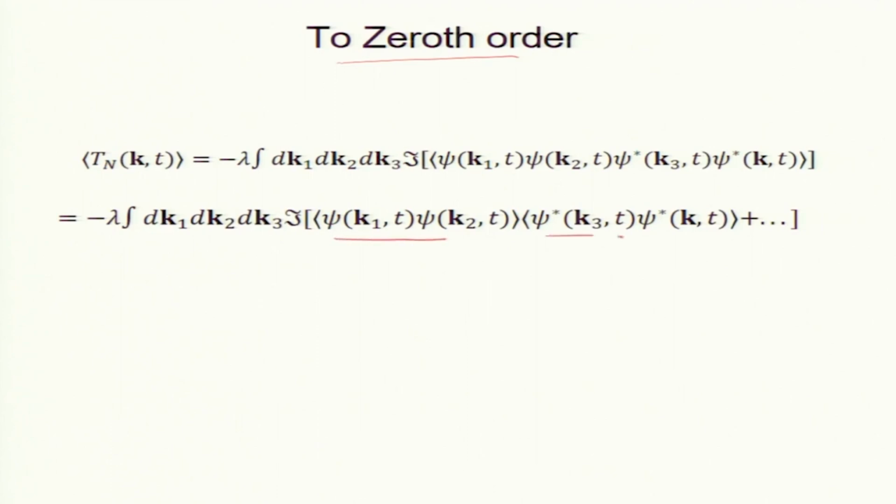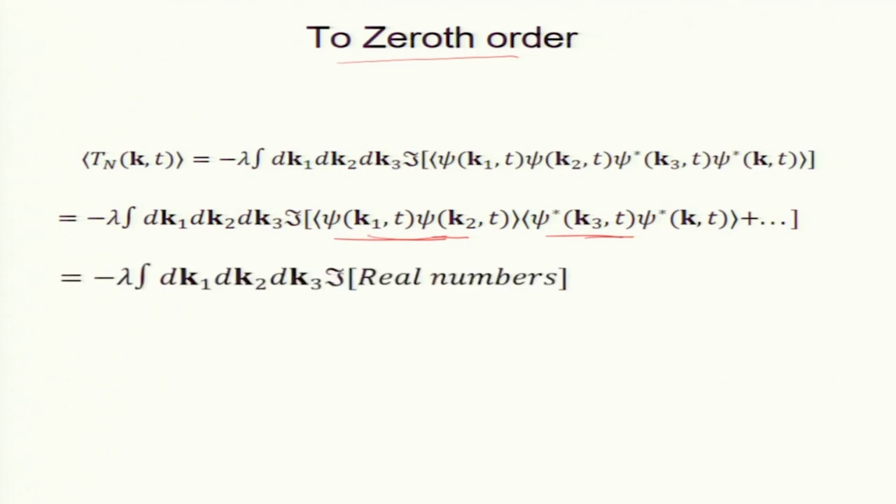So, I get this plus different combinations. How many combinations? 2 more, ABCD, ACBD, ADBC. Okay. And these are real, right? Here k2 is minus k1 when I do the integral, this is going to be energy and this is also energy. So, they are real functions. Imaginary part of a real function is 0. So, at 0th order I get 0.